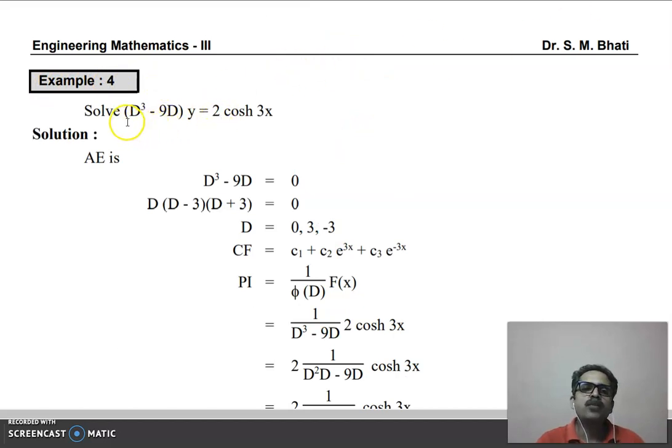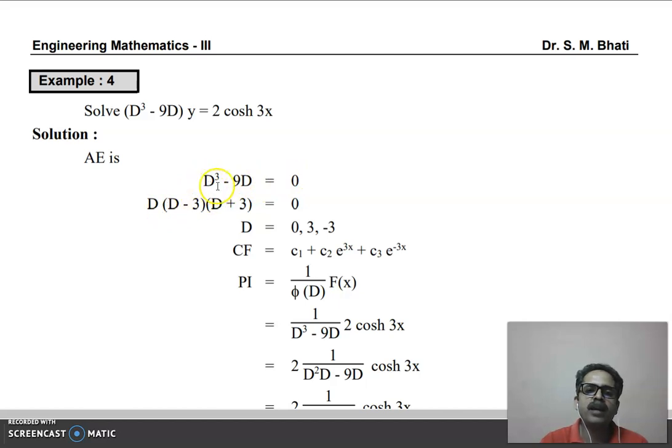You can see that this fourth example is present in standard form phi D y equal f of x, that is linear differential equation with constant coefficient, that is LDE with double C. AE is phi D equal 0, that is D cube minus 9D equal 0. Between these two terms you can take D common.